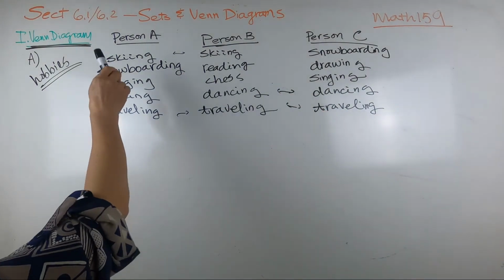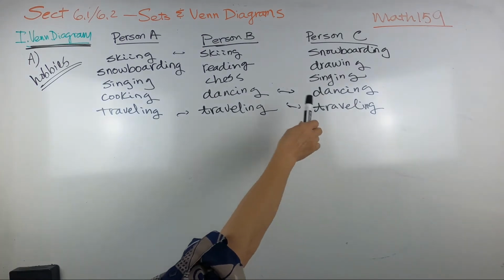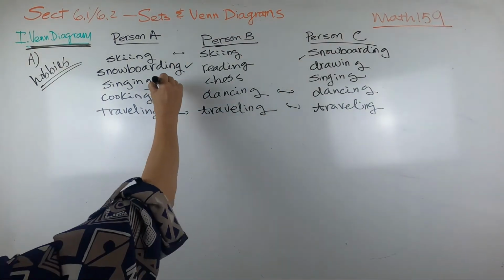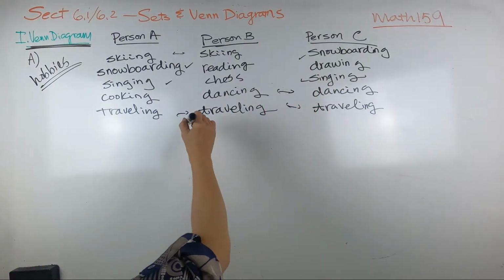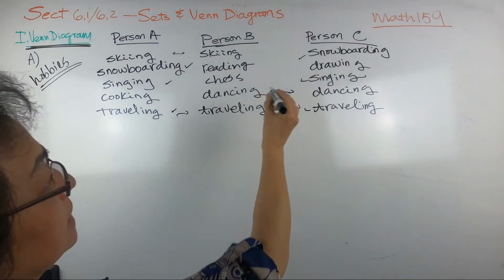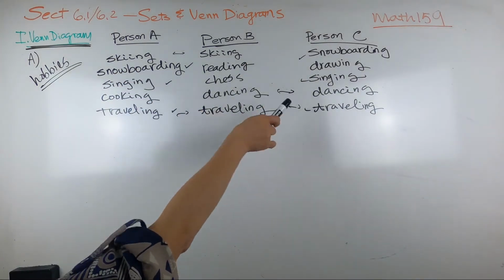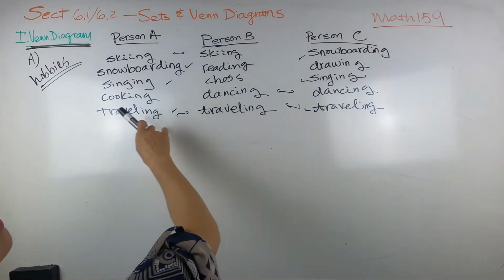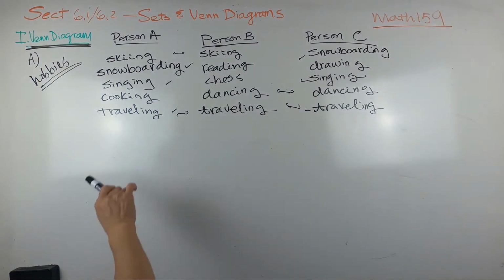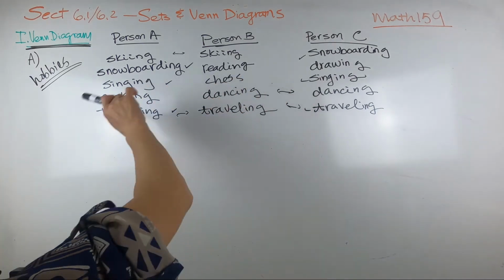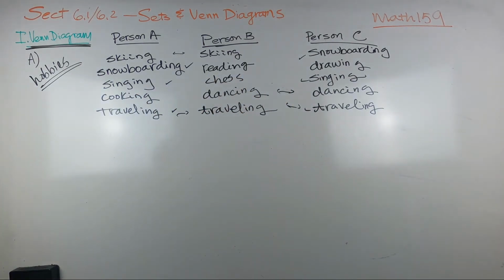For person A and person C, snowboarding, singing and traveling. For all three of them, traveling. We have to go through the list and then compare.